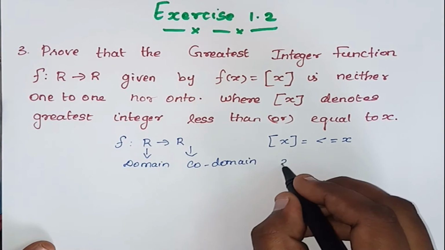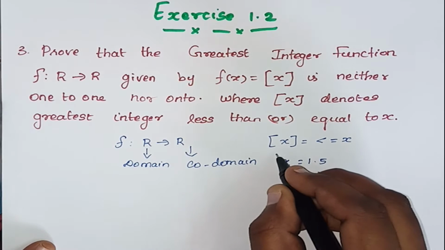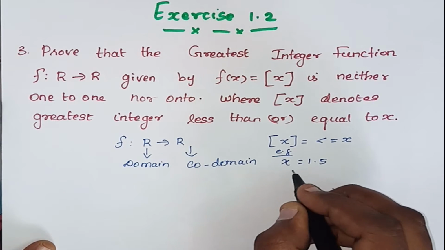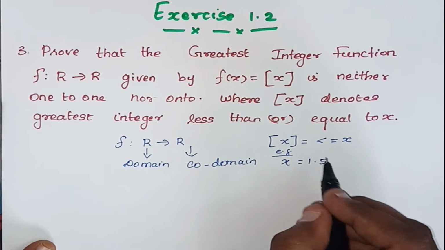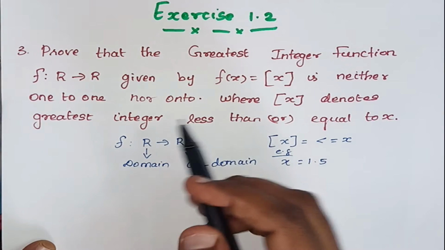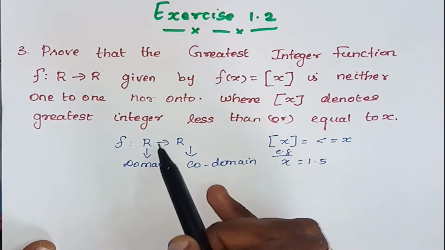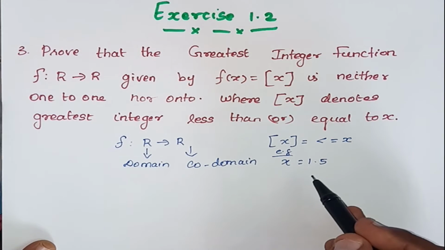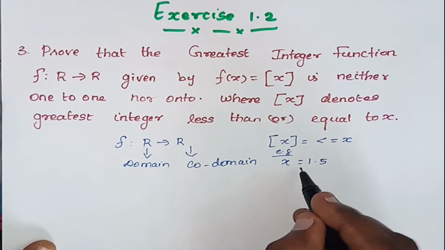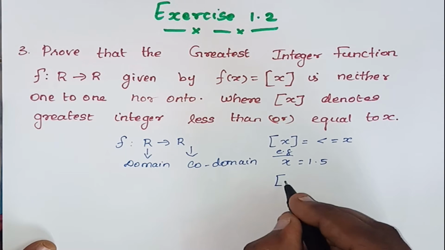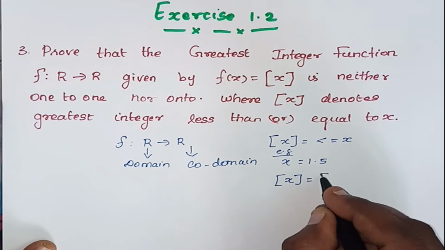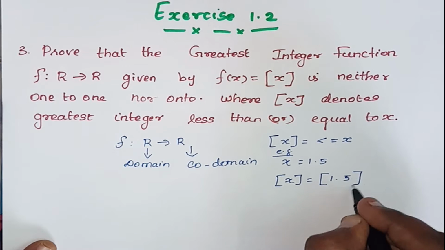If we take x equal to 1.5, for example, why am I taking x equal to 1.5? Because the given domain and codomain are real numbers, so we can take decimal numbers also. So if x is equal to 1.5, what is the square bracket of 1.5?